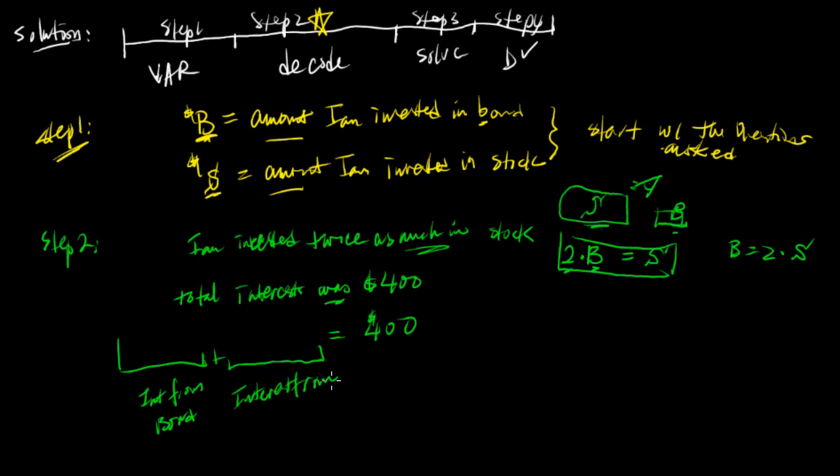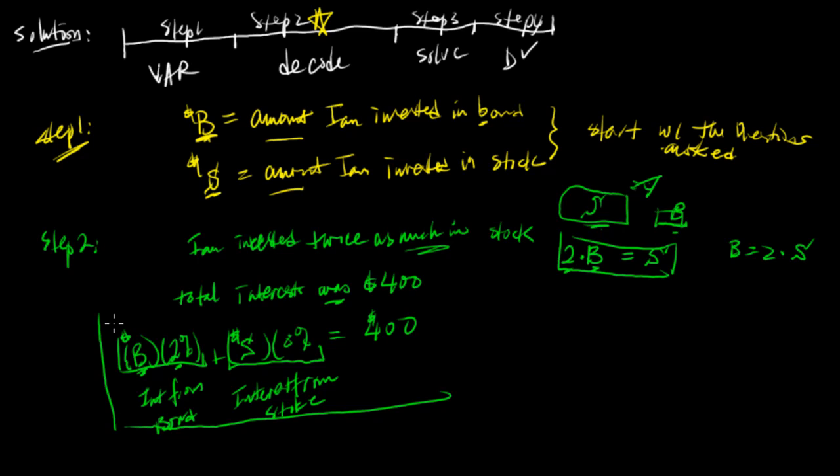Now, we know we invested B dollar amount in bond, and we were earning at 2% interest. So the total principal we gave and the interest rate together give us the interest, the actual dollar amount we earn. And likewise over here, we have the stock, and it's earning at 8%. So here's our second equation. Total interest earned is $400. So here's the sentence used up.